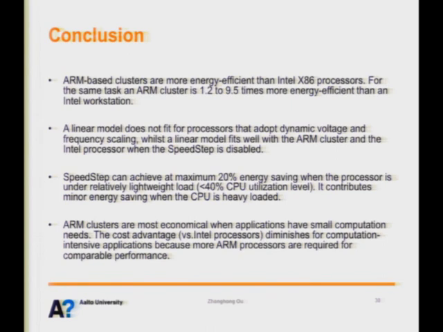But the ARM processors are more beneficial for the lightweight load rather than the computation intensive load. So if the workloads are more and more computation intensive, then the benefit you can achieve from the ARM processors decreases very significantly. So probably you will not use the ARM processor for this kind of job or task.